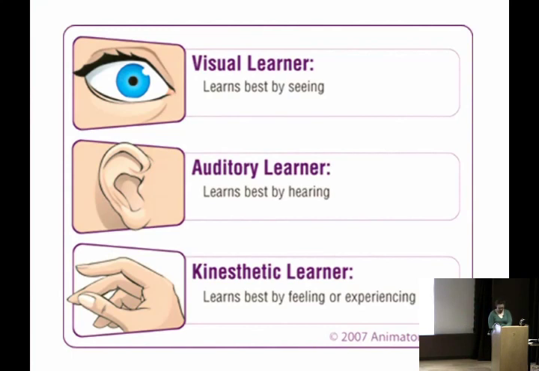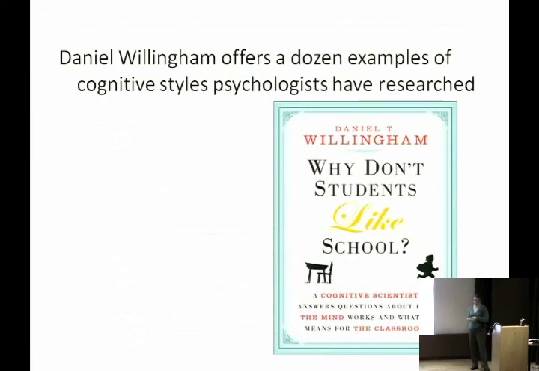Now, there are actually quite a lot of different kinds of learning styles that psychologists have examined experimentally to try and see where we are finding evidence to support them. As a shout out to the Liberal Arts and Sciences Reading Group, for example, Daniel Willingham offers a dozen different kinds of learning style categorizations or delineations that psychologists have tested.